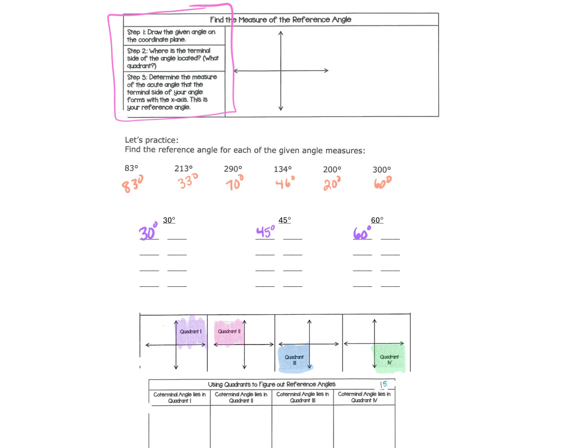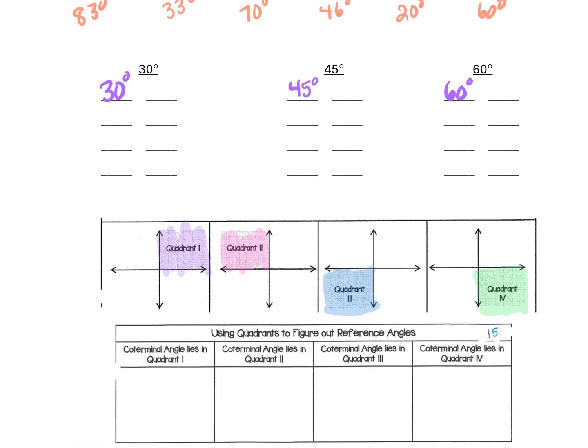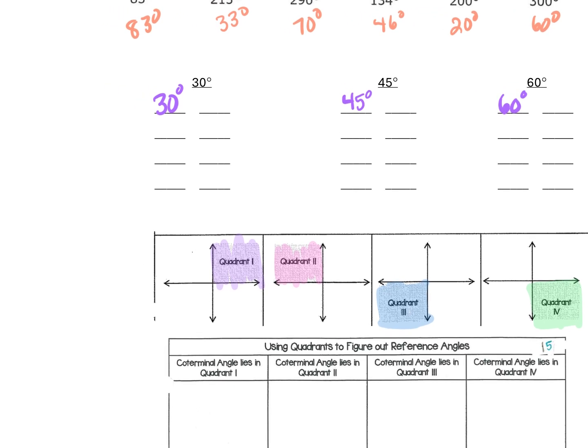Okay? So it should make sense to you that in quadrant 1, our angle is just going to be the angle, a 30, a 45, and a 60, right? But let's think about how we would figure out the reference angles in the other quadrants. If we're in quadrant 2, we want to figure out what the 30-degree reference angle is. So we're kind of going backwards. We're here at 180.